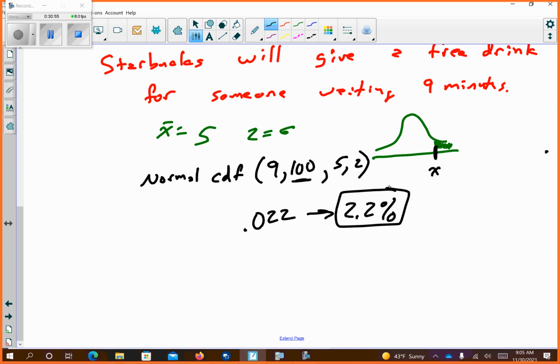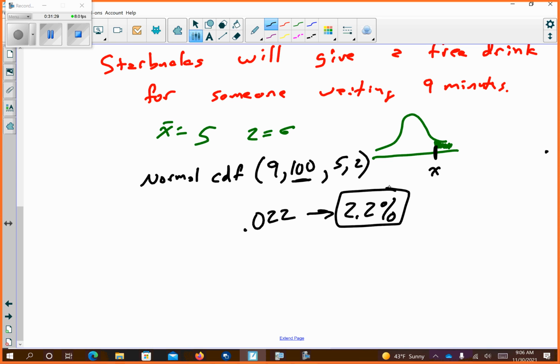Now, let me ask you this. You pay $9 for a drink, but you know that if your drink order takes more than 9 minutes to get to you, you get a free drink. Now notice, is the free drink necessarily your $9 drink? No, they give you a coupon for a tall coffee.